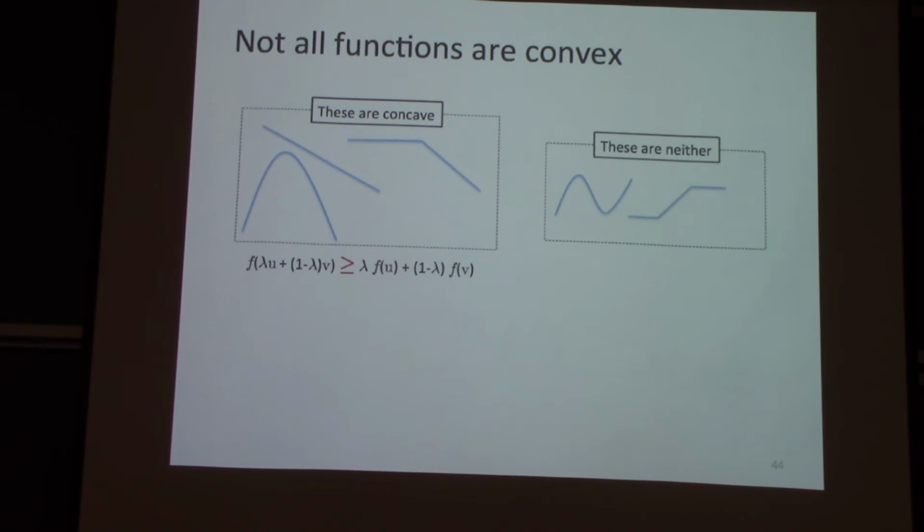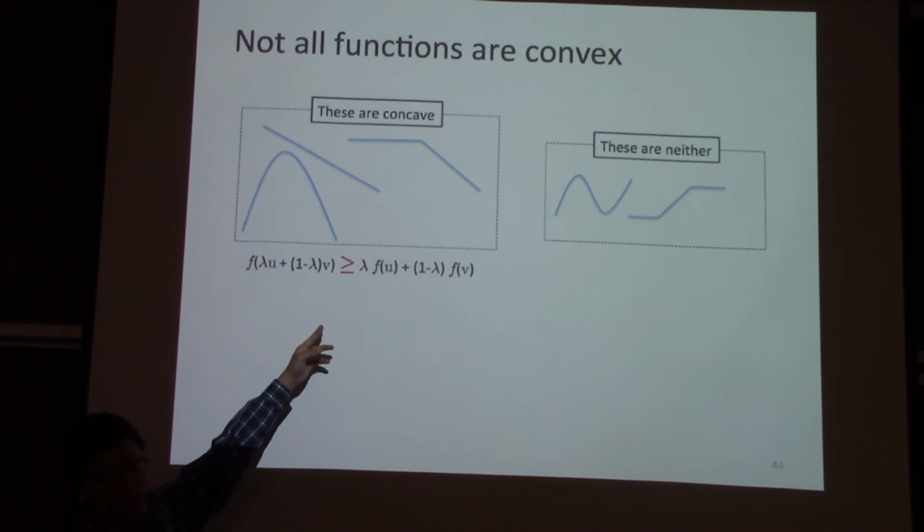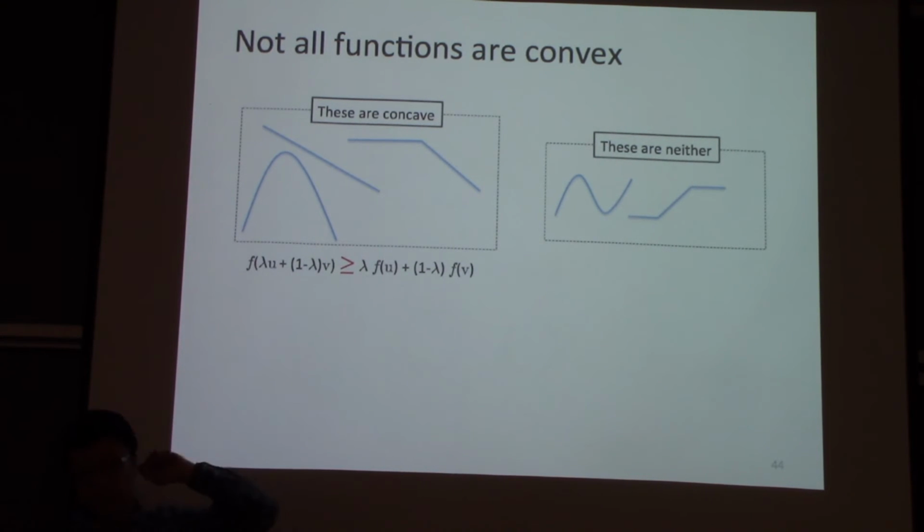So you connect 2 points. Some part of the function lies above the line, and some part of the function lies below the line. I forgot to mention, in the concave case, we just flip the definition. In the convex definition, we have a less than sign. In the concave, we change it to a greater than sign.